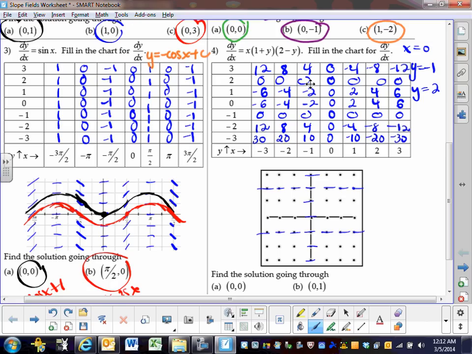So for putting our values in, if I want to work between the two zeros, we really have a slope of positive 2, positive 4, positive 6. On the left side we have negative 2, negative 4, negative 6.